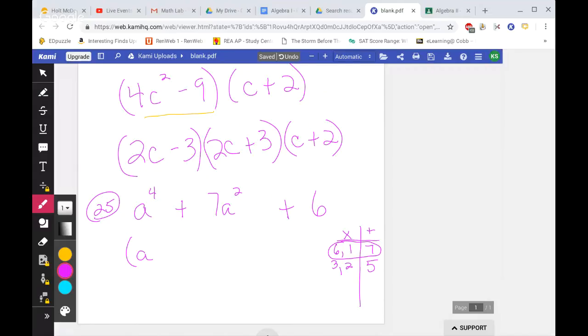Before, we would just write a plus 6. This time we're going to write a squared plus 6 and a squared plus 1. But it's still in that quadratic form.